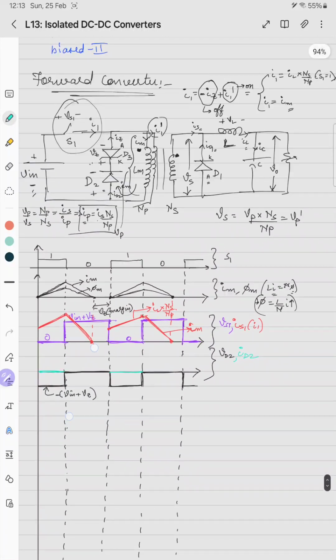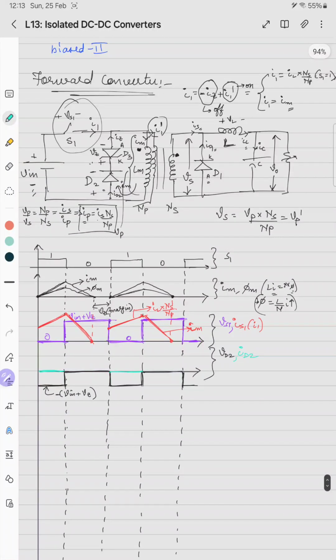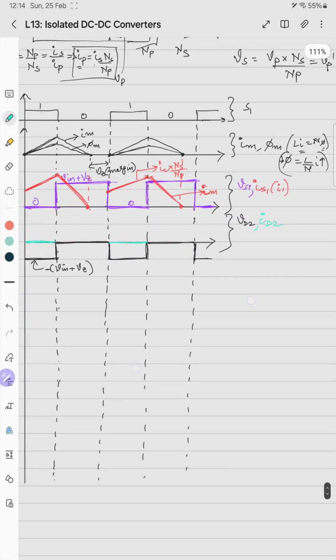And when the switch is off, the diode D2 is forward biased. ID2 equals what? Im. What was Im? Yeah, this was Im.